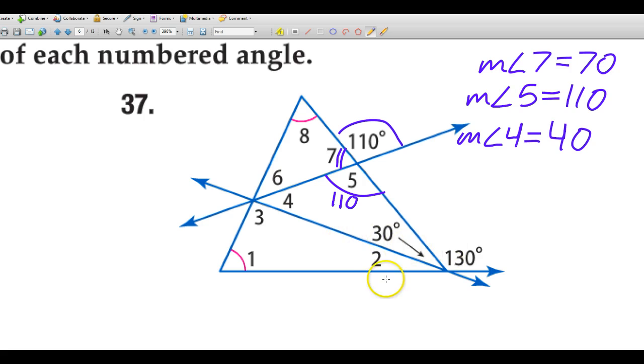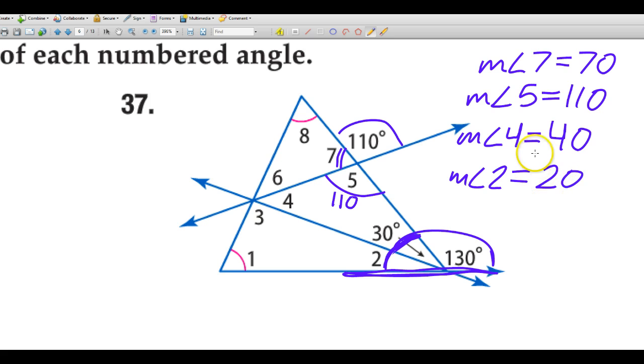We also have a straight line here, and we have 130 plus 30, that would be 160. So we would take 180 minus 160, and that would give us the measure of angle 2. So 180 minus 160 is 20 degrees.